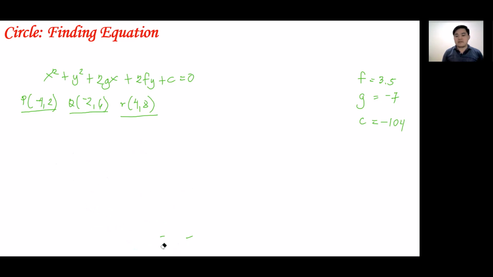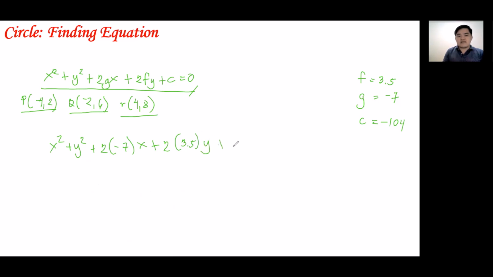So what is the last step? We need to put the g, f, and c. Okay, so based on this one, let me annotate. So again, we're going to use this equation now. So this is x squared plus y squared plus 2, what is g? That is negative 7, x plus 2, what is f? That is 3.5, y plus what is c?